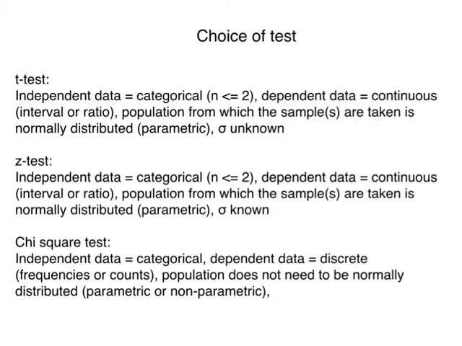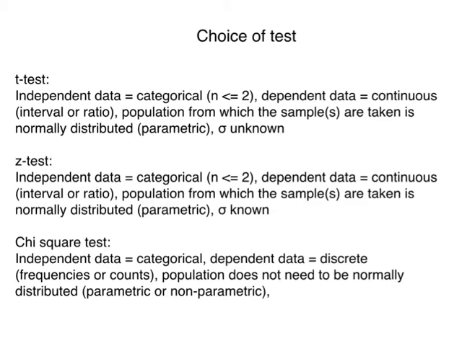So what are the tests that we would usually perform? And as I said, it is the data and the observations that dictate what test we use. So a very common test would be the t-test here. And in a t-test we have the independent data, that's the data that we choose. These would be categorical data or nominal data or something like that.